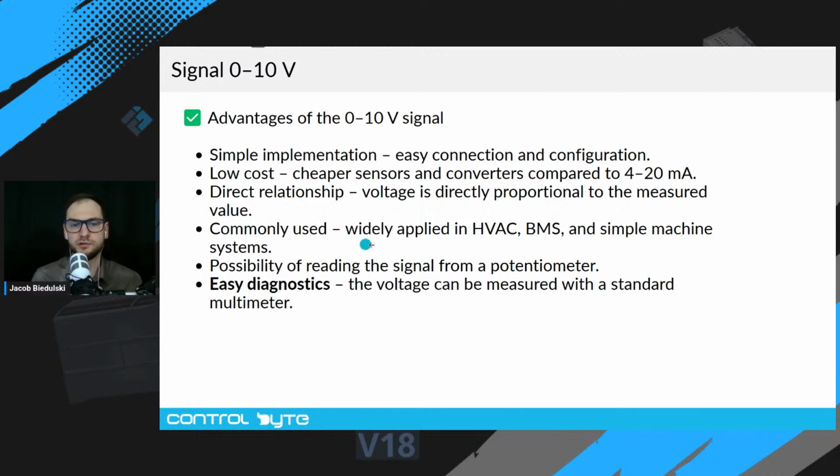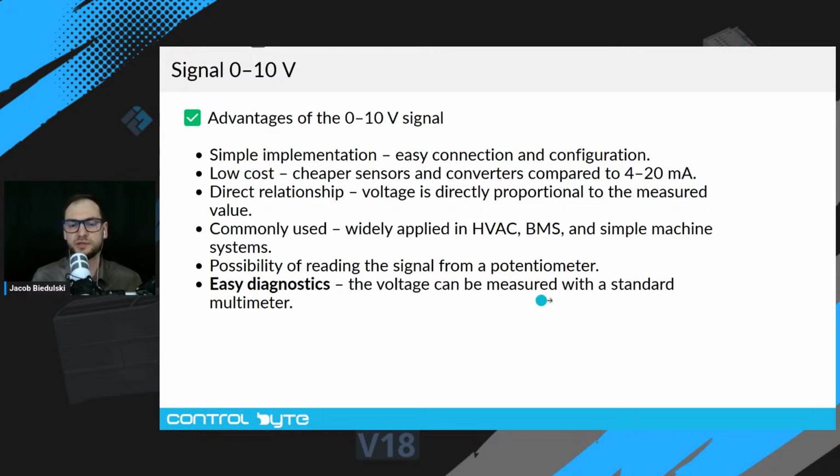It is commonly used, widely applied in BMS systems and simple machines. And what is really important, you can connect a potentiometer to this voltage input and measure the rotation of the potentiometer.